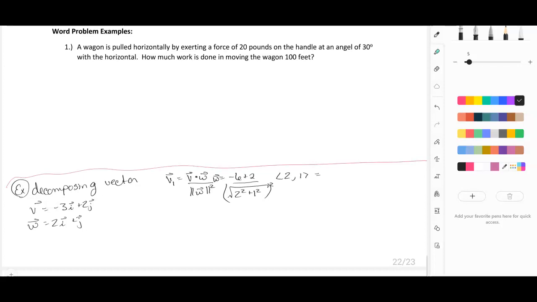So let's simplify what we have. We're going to have a negative 4 in the numerator. This is going to be a 5 in the denominator after I square that square root, times 2, 1. And we're going to end up with negative 8 over 5, negative 4 over 5.